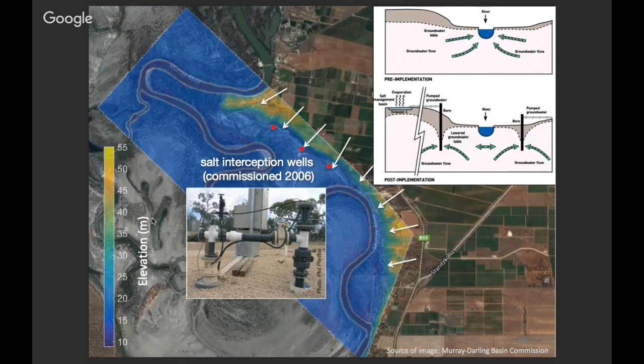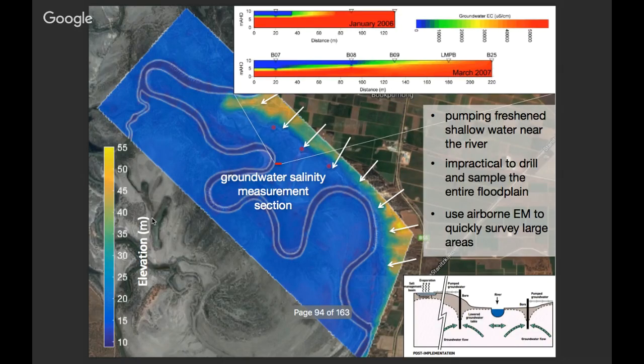That would get fresh water back farther into the floodplain. The other is that they're going to inject water into this floodplain region and see if they could change things that way.